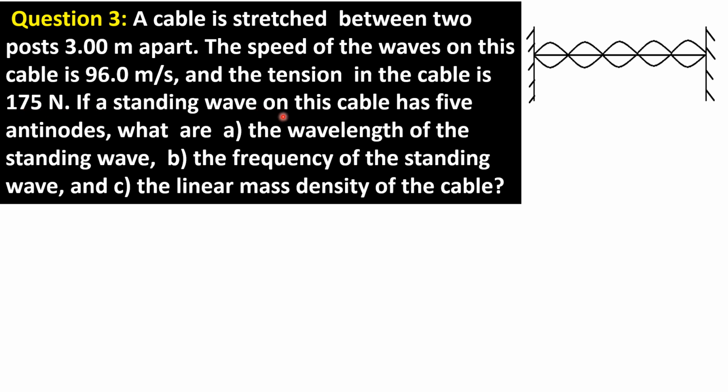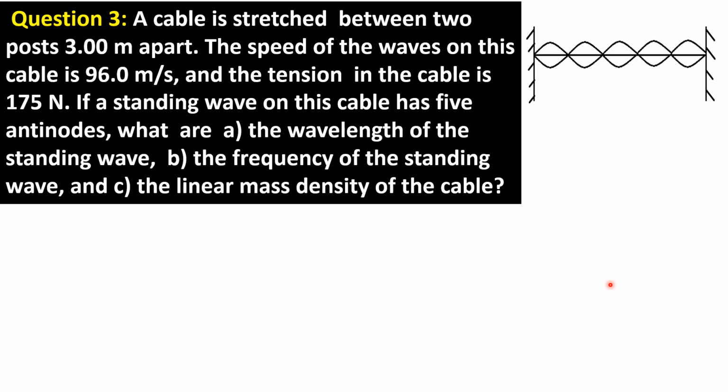If a standing wave on this cable has 5 antinodes, as you can see there are 5 loops or 5 antinodes, 1, 2, 3, 4, 5. Question letter A, what is the wavelength of the standing wave? Letter B, what are the frequency of the standing wave and the linear mass density of the cable?